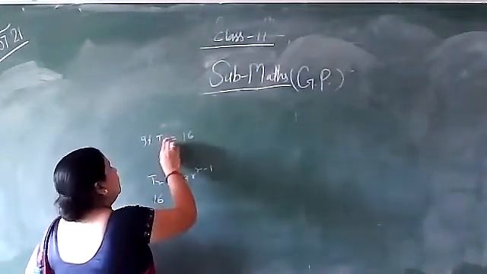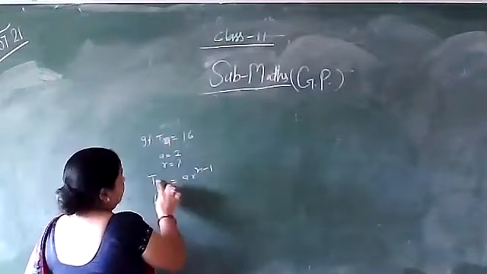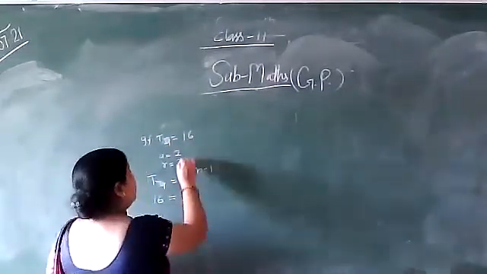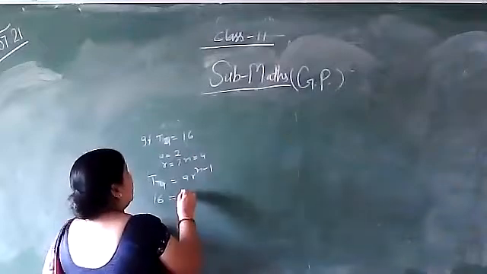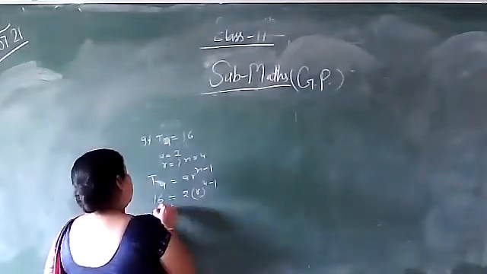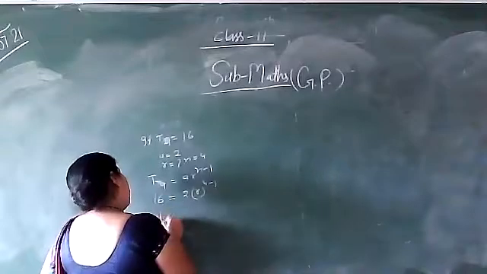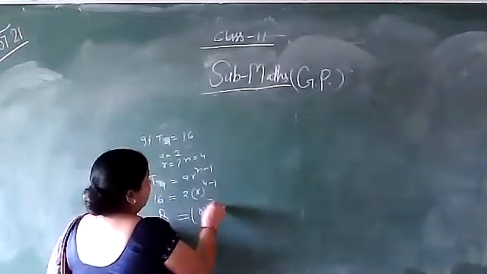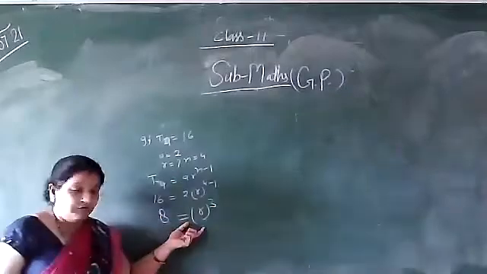It's T4. I write here T4. Okay. So n equal to 4. We take n equal to 4. A equal to 2, R to the power 4 minus 1. 16 divided by 2, here is 8. R cube. We find the value of R.